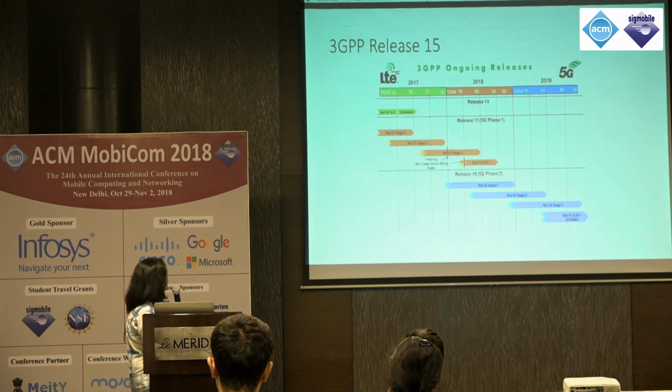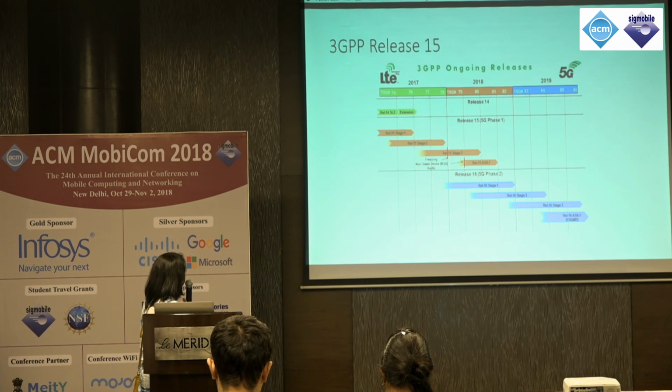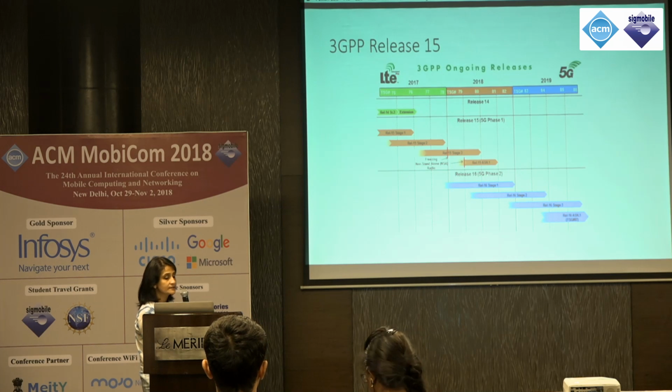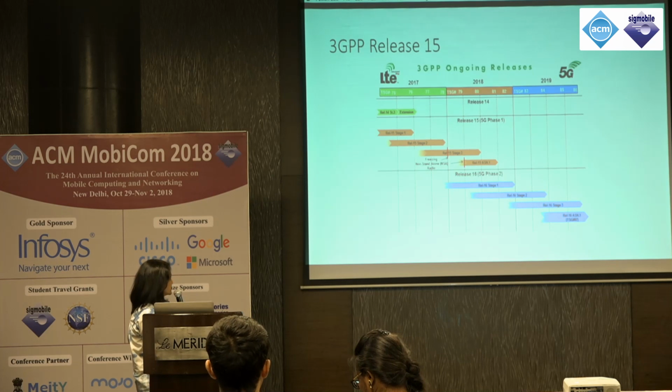So this is a chart on the timeline for 3GPP. Release 15 is basically the one that they came out with in the middle of the year, somewhere in there, which completed the definition of both the standalone and the non-standalone parts of the 5G new radio. The release 16 study phase has already started, and I will talk later about some of the things that they're looking at in release 16.